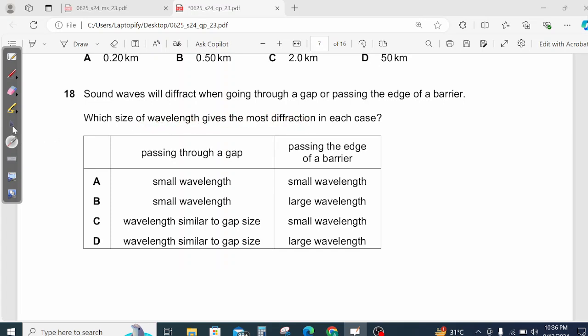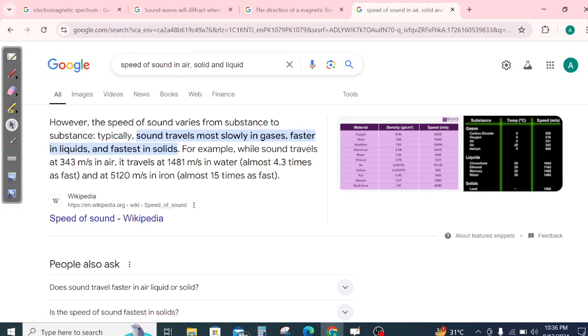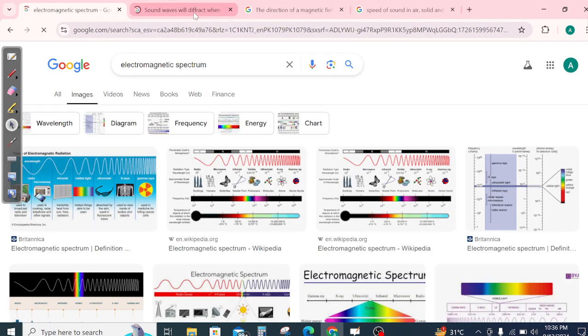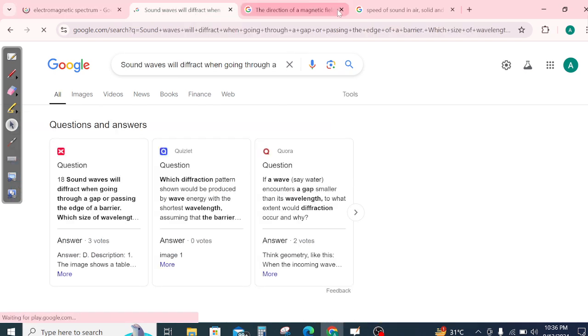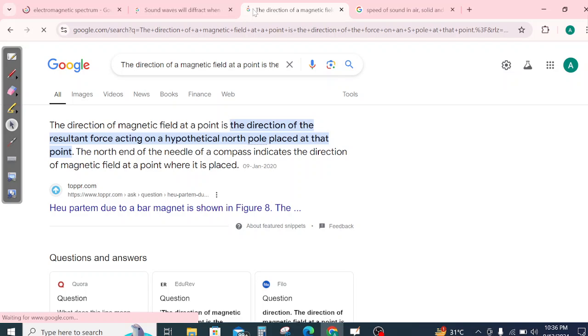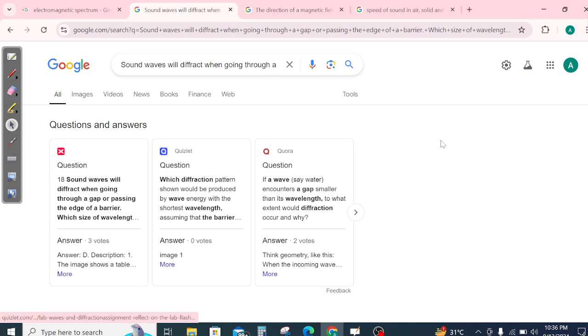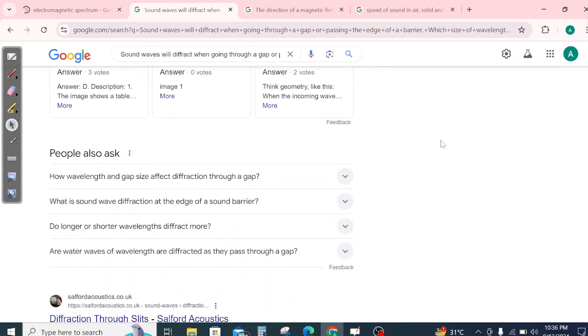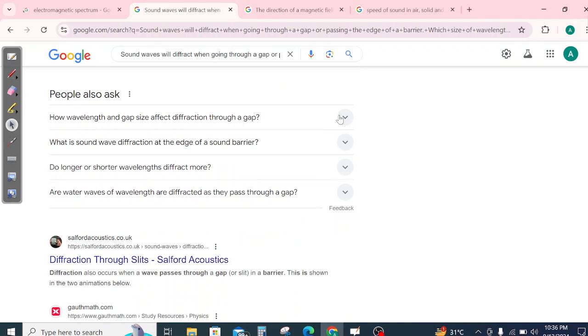Remember, I will give you the answer from Google. Look at that, I have already found the detail. So your option will be, you will find it.